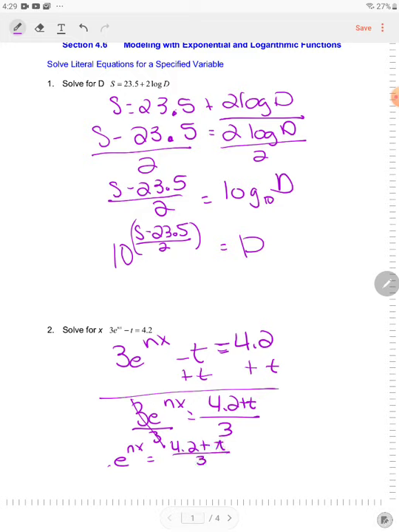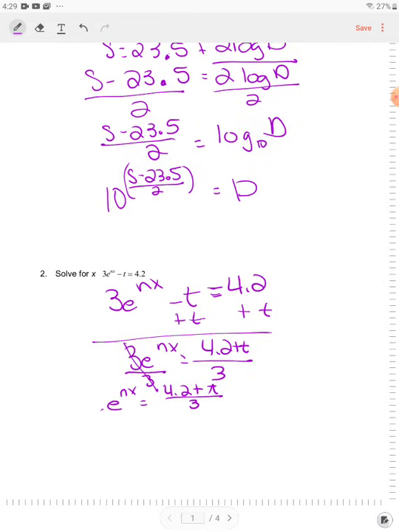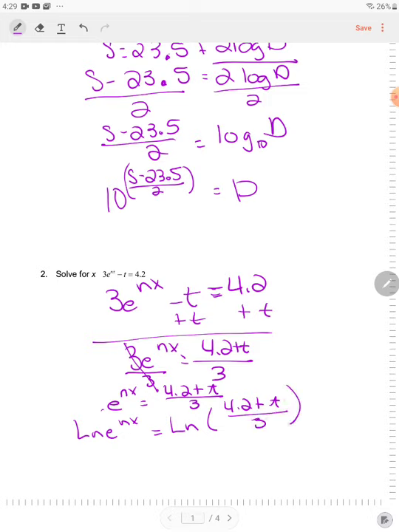You're going to ln both sides. So ln of e to the nx is equal to ln of 4.2 plus t divided by 3. And remember, ln is base e, so you get n times x is equal to ln of 4.2 plus t divided by 3.